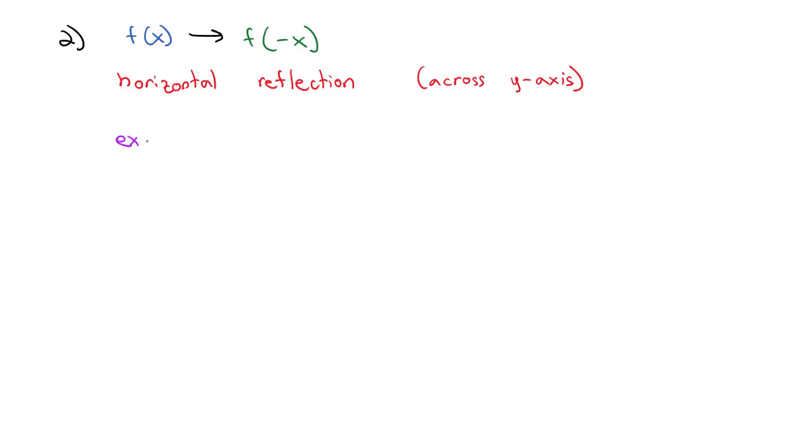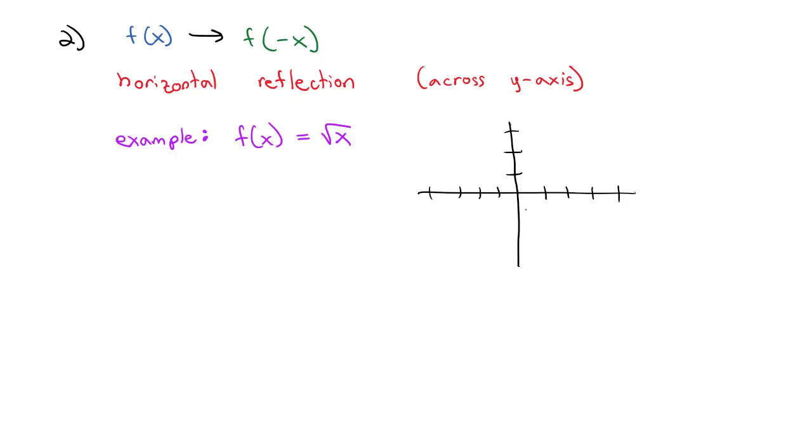So, for example, if I take one of our toolkit functions, f of x equals the square root of x, square root of x has key points at (0, 0), (1, 1), and (4, 2). So it's kind of this type of a shape.